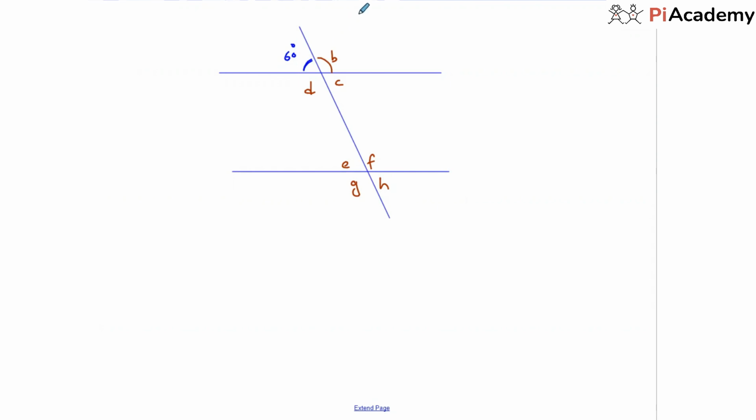Is B 120 degrees? 120 degrees. Good. And what about D? D is also 120. What about G? G is 120 degrees. What about F? 120. Good. Wonderful.